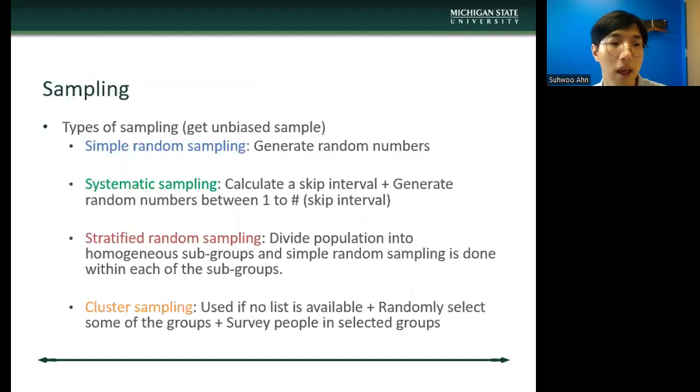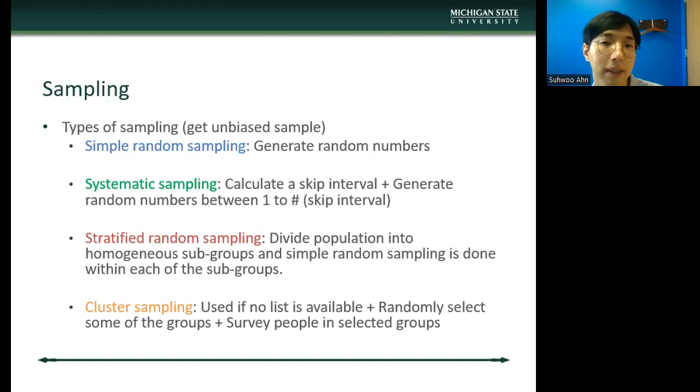In the lecture, we talked about four types of sampling to get an unbiased sample: simple random sampling, systematic sampling, stratified random sampling, and cluster sampling. These four types of sampling are used to get unbiased or representative samples.